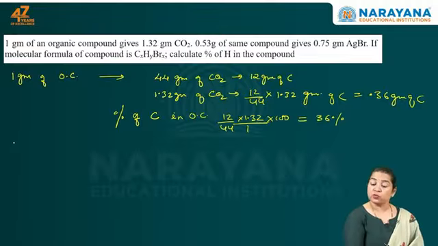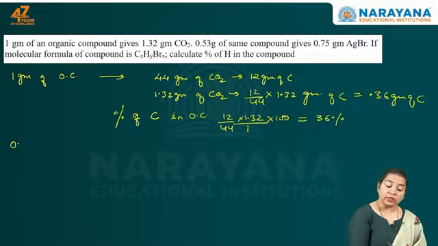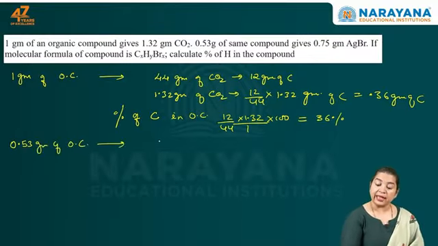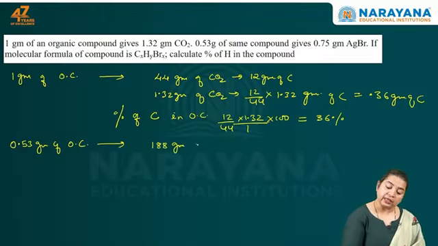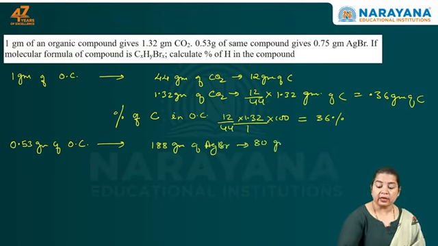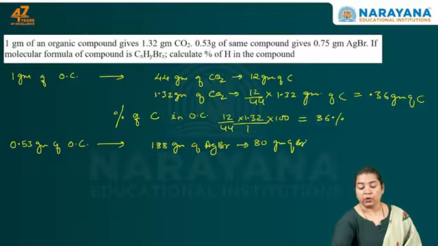Now, let us move to bromine. For bromine, the data is 0.53 gram of organic compound, in which 0.75 grams of AgBr is obtained. Let us calculate bromine in it. If it was 188 grams of AgBr, then 80 grams of bromine was there.